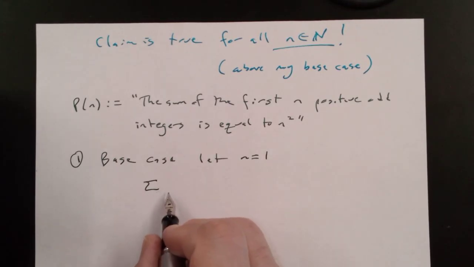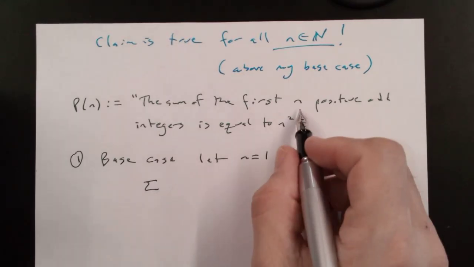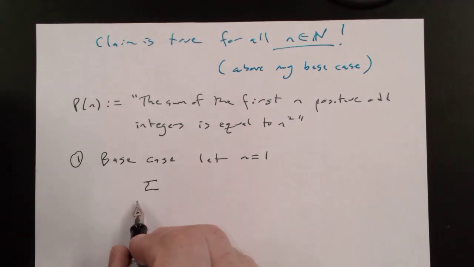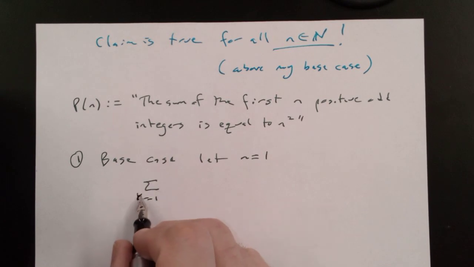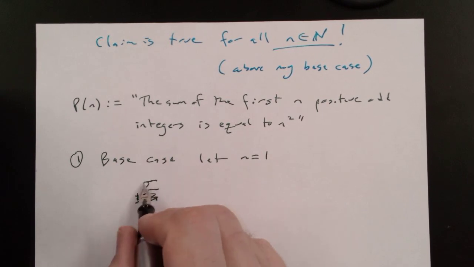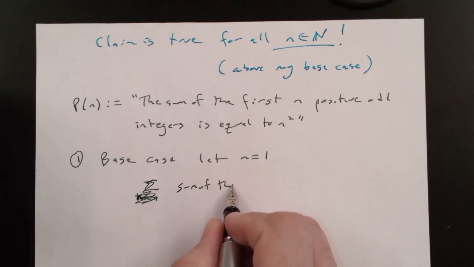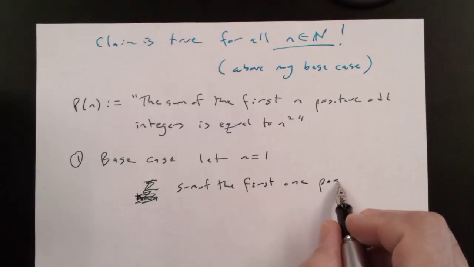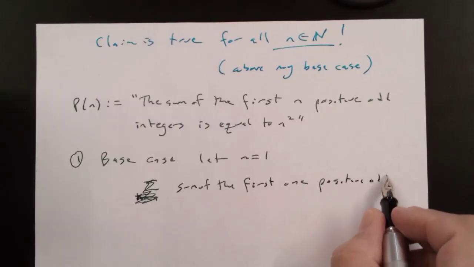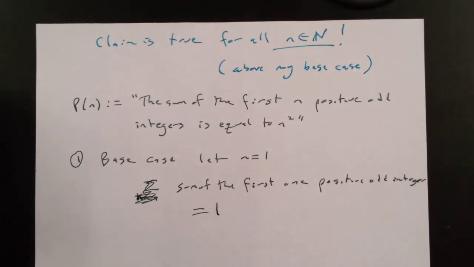The sum of the first n positive odd integers. I don't even know how to write that. Let's leave that alone. Sum of the first 1 positive odd integer. That's 1.